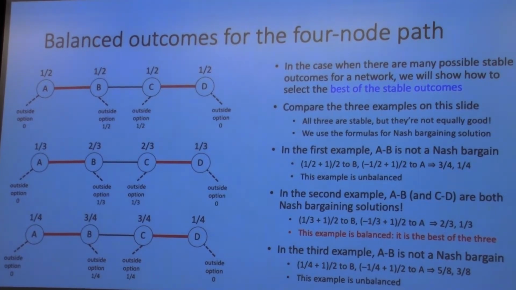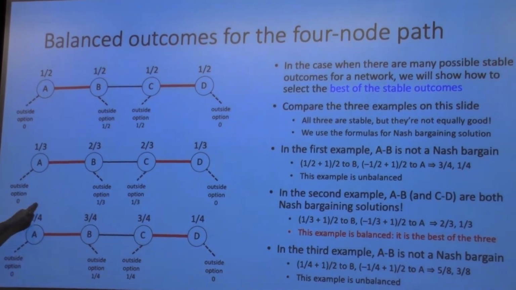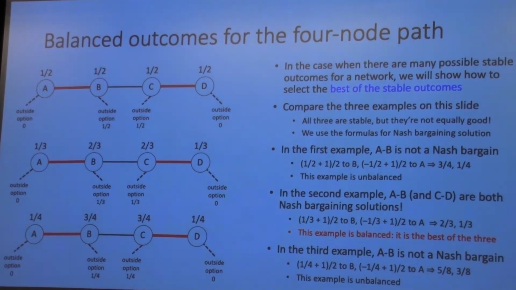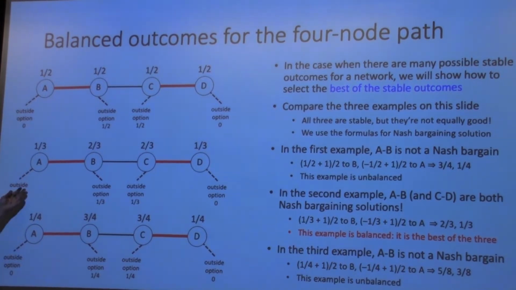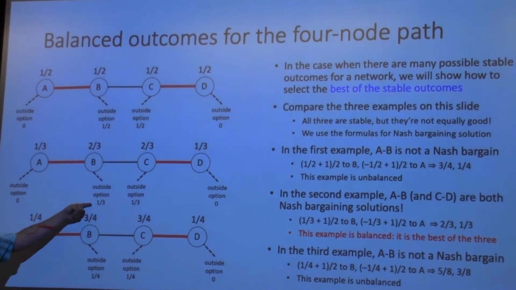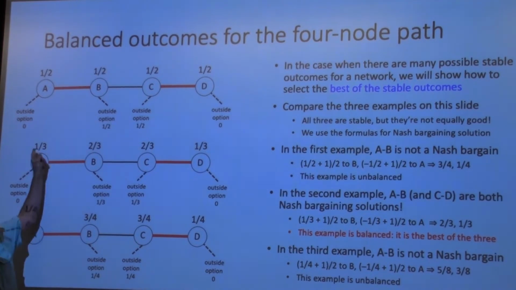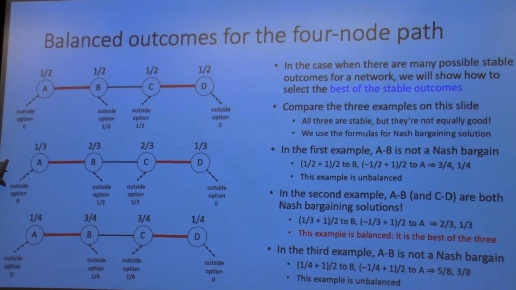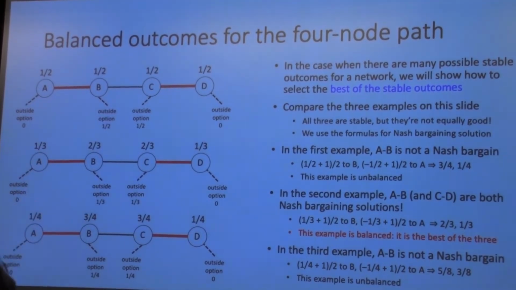If you look at the middle one, the two outside options, 0 and 1/3, the surplus is 2/3. So each one will get 1/3 of it. So A should get 1/3, and B should get 1/3 plus 1/3. And that's exactly what they're getting. So this one is a Nash bargaining solution. A is getting a fair share, and B is getting a fair share.